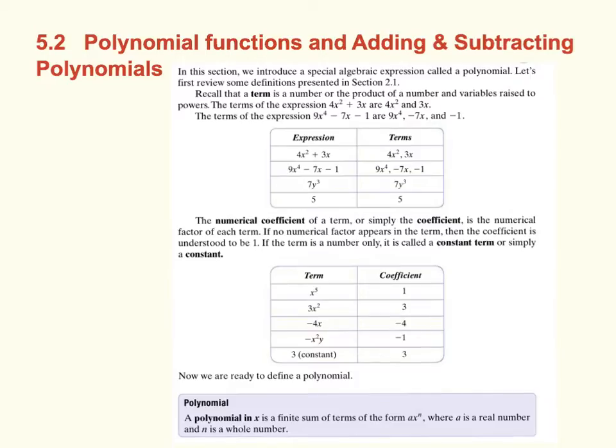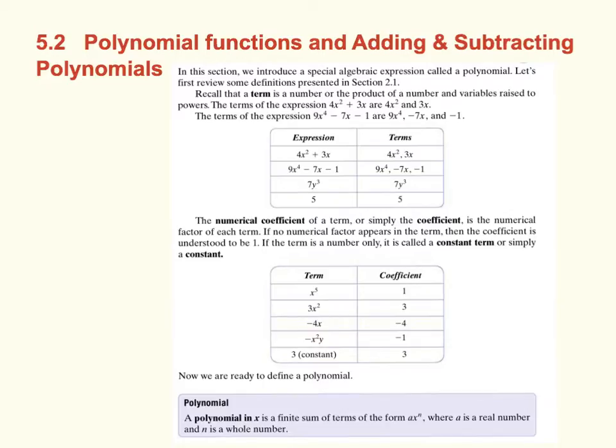Numbers, if a term is a number only, the term is called a constant term, or simply a constant. So you have to keep that in mind. So terms are made up of coefficients and variables raised to some powers. Expressions are made up of terms.